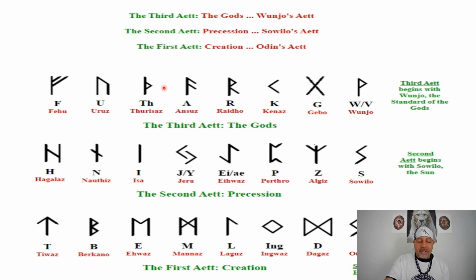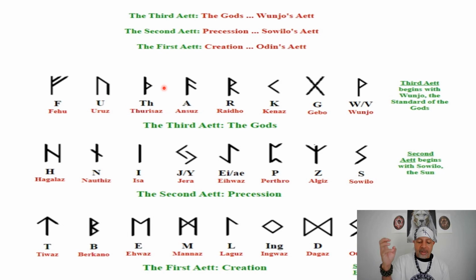Thurisaz is considered to represent the god Thor, who was a later version of the ancient Egyptian god Osiris. However, this representation of Thor is a misconception. In reality, Thurisaz represents the ancient Egyptian god Thoth, who was pictured to the left.